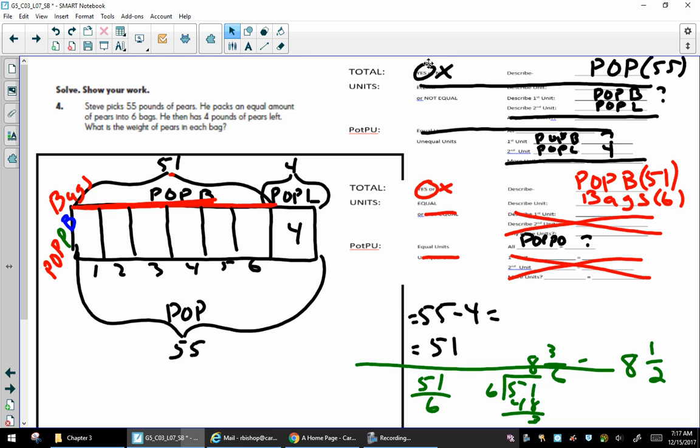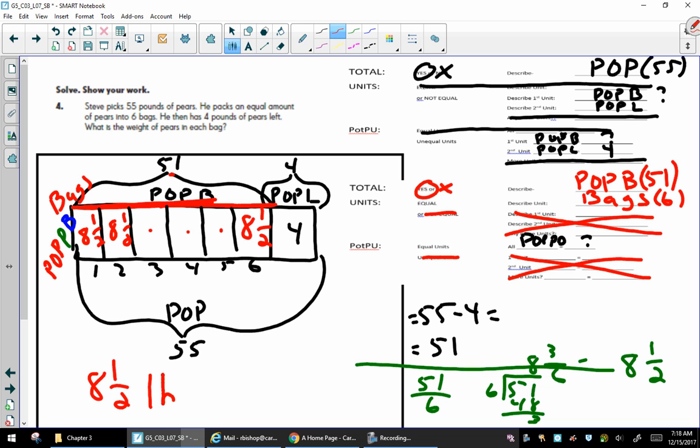I could also put that into a decimal if I wanted to. But that shows me that every bag is going to be 8 1/2 pounds. What is the weight of pears in each bag? 8 1/2 pounds per bag.